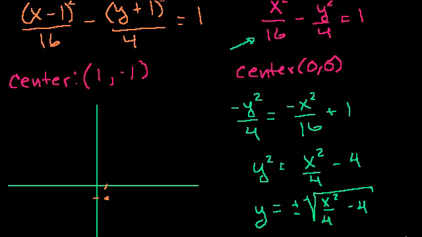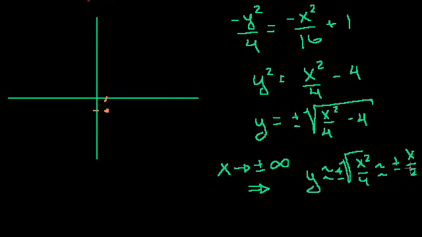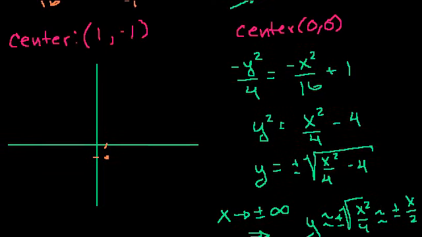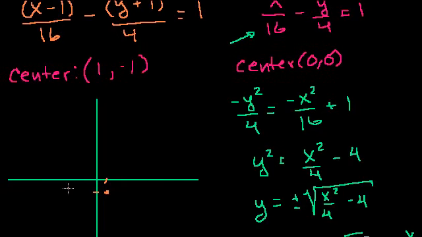And then the slopes of the asymptotes were positive and negative 1/2, right? So let's do the positive 1/2. That means for every 2 you run over in the positive x direction, you move up 1. So you go to the right 2 and up 1. That's the first one, and let me draw that asymptote.